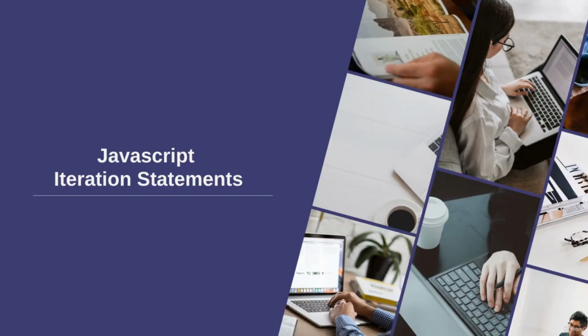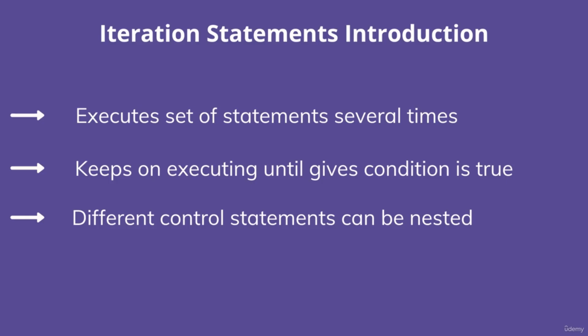In this video of JavaScript, we are going to start the iteration statements, normally called loops. In basic programming, it is a very obvious situation that we come across a thing where we need to execute some set of statements continuously multiple times, probably with different values.